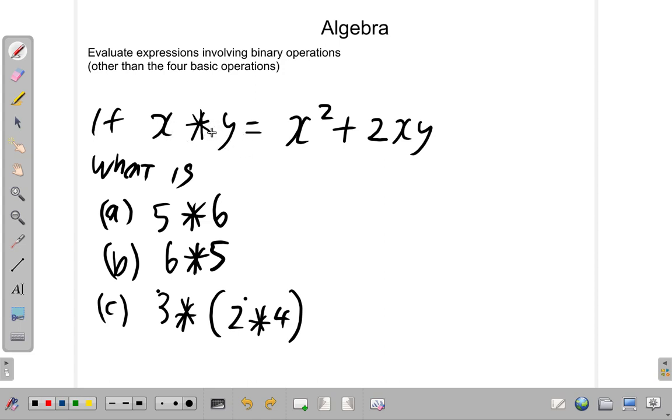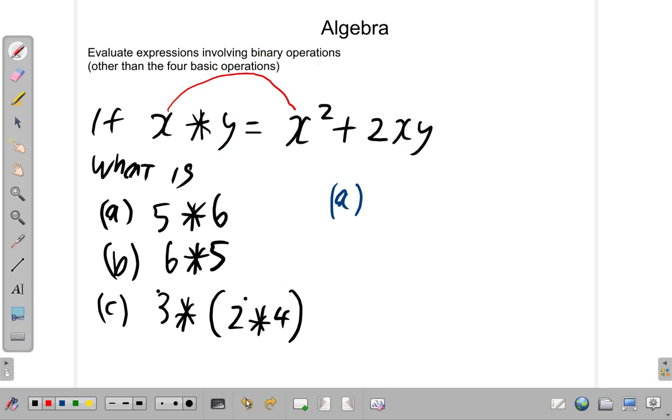x asterisk y is the same as x squared plus 2xy. What is 5 asterisk 6? So let's look at part A. Here, 5 asterisk 6 means wherever you see x, you put 5, because it says here x first, and then y second. Well, this is also x, then y in the second place, you put it for y.